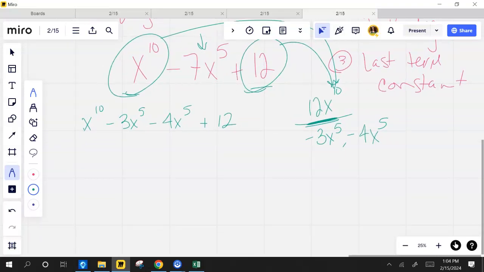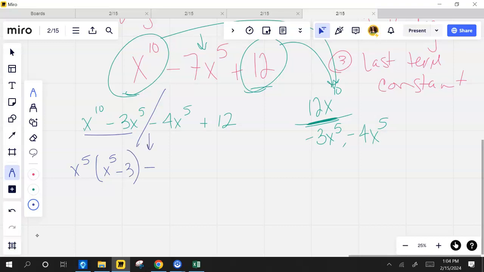What do you do? Okay, GCF here is x to the 5th. I'm just working with bigger terms, but the process is all the same. What's left if I take out x to the 5th? x to the 5th minus 3.